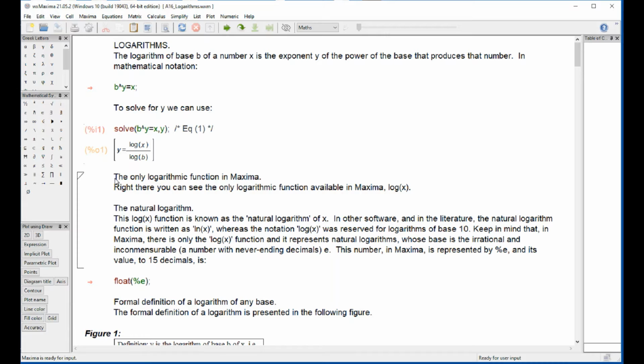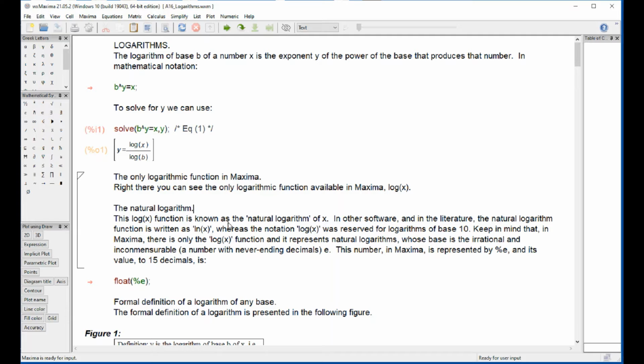I need to let you know that log is the only logarithmic function available in Maxima. That corresponds to what is called the natural logarithm. The natural logarithm is something that we're going to see more in the calculus subject, but it's a logarithm that comes out naturally when you expand a series.